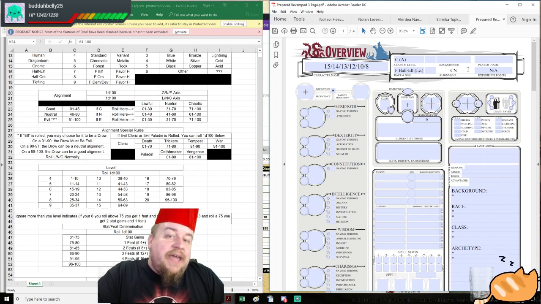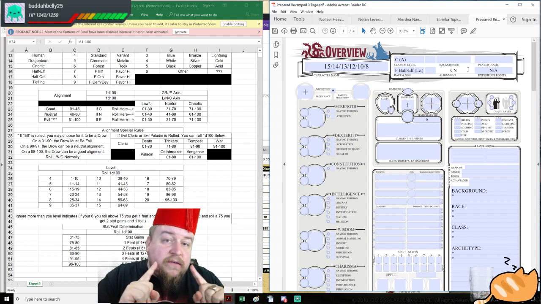Alignment is a part of your personality. It is one of several ways in which you measure your personality and a check against your behaviors. It's not necessarily the carrot that is put in front of your character in order to make him or her act a certain way. You may play differently as a player. You may run differently as a DM. This is hashtag my opinion.